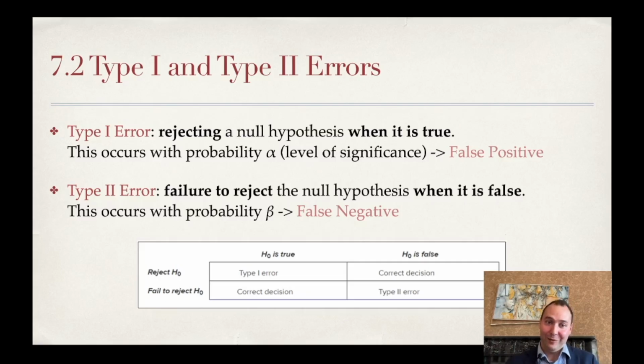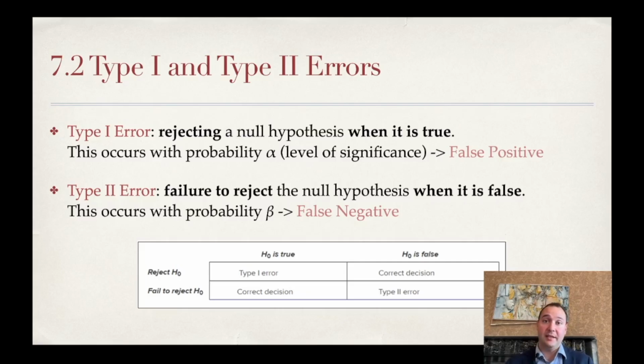Type 2 error is the failure to reject the null hypothesis when it is false. In other words, our assumption is false, but we don't reject it. This occurs with the probability called beta, and this is called a false negative. Beta is a little bit harder to calculate and depends on a few different factors.